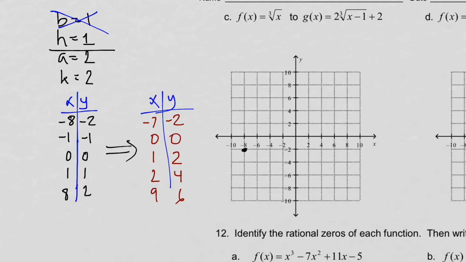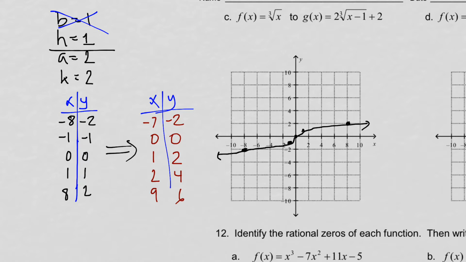Negative 1, negative 1, right here. 0, 0, right on the origin. 1, 1. 1 to the right, 1 up, right there. And 8, 2, right there. And so our line goes like this. Kind of missed those points there, but that's the shape that it takes.